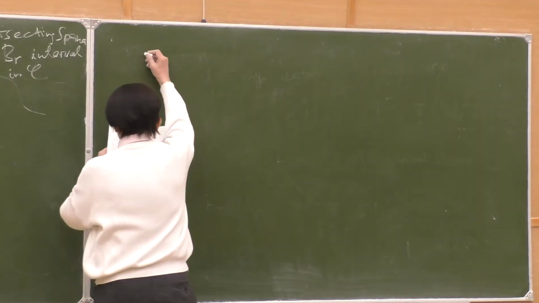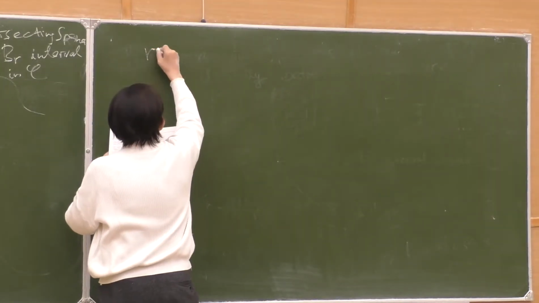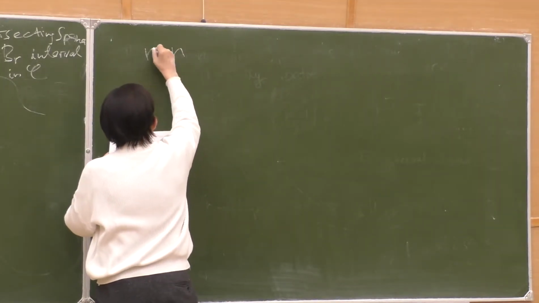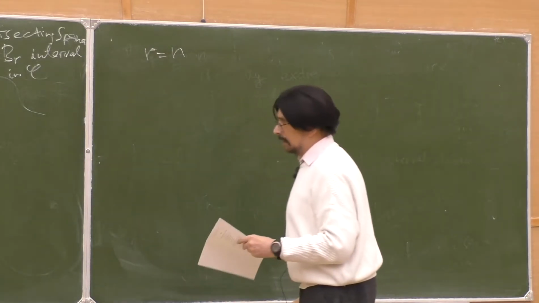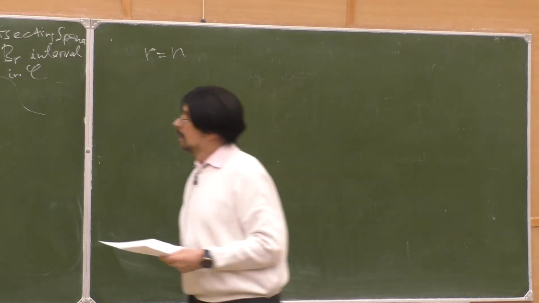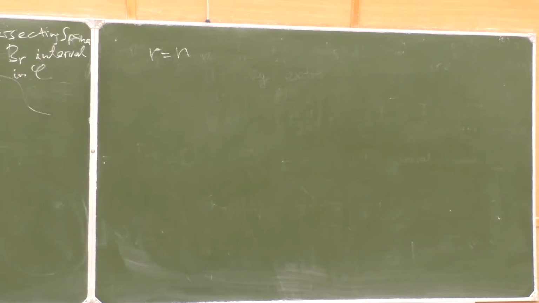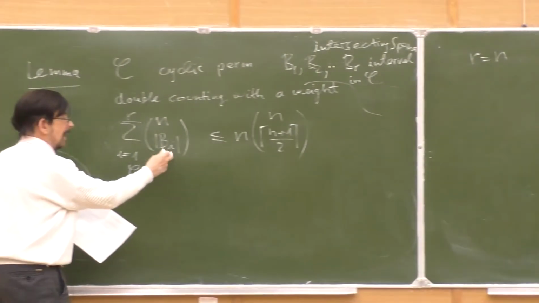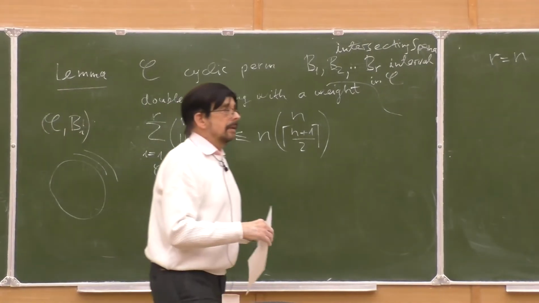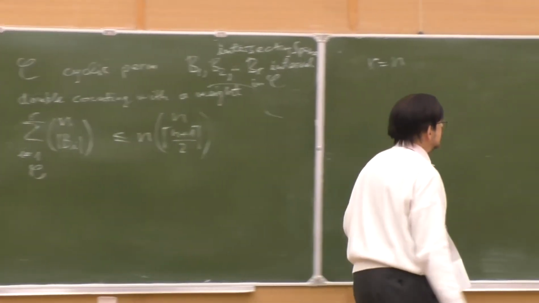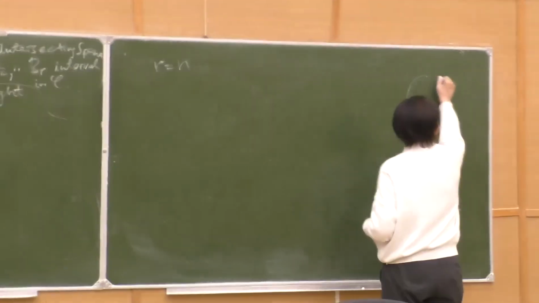When R is equal to n, then we know that we have a B starting from every point.